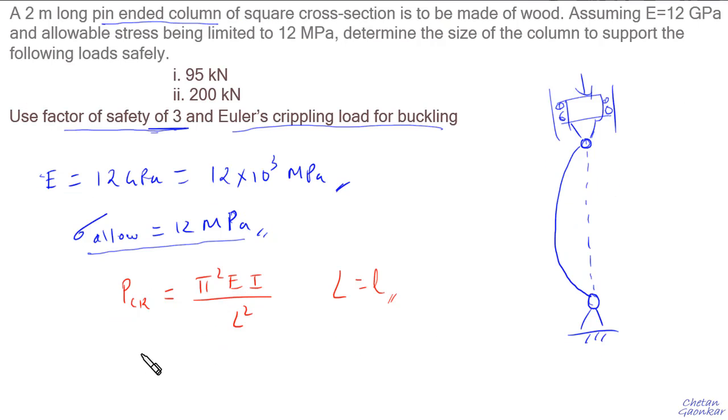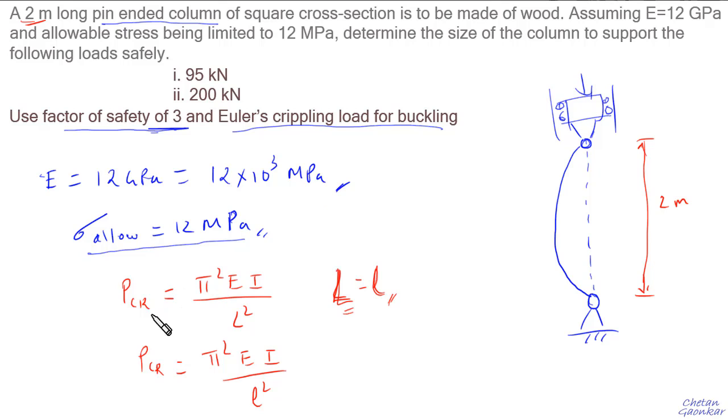So the actual critical load for this column will be pi square EI divided by small l square, because this capital L is the equivalent length for a pin end joint for both the ends which are pin or hinge. This equivalent length turns out to be small l itself. That is the total length of this column, which is, by the way, 2 meters. They have given this as 2 meters here.